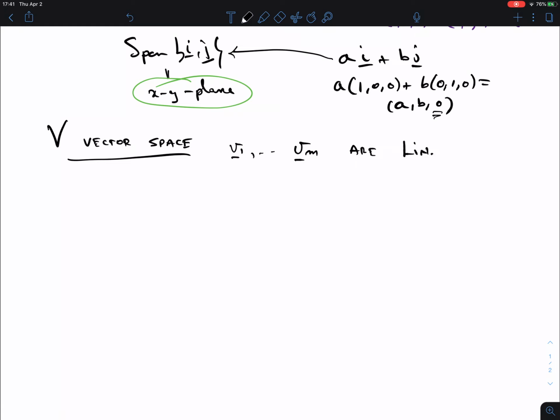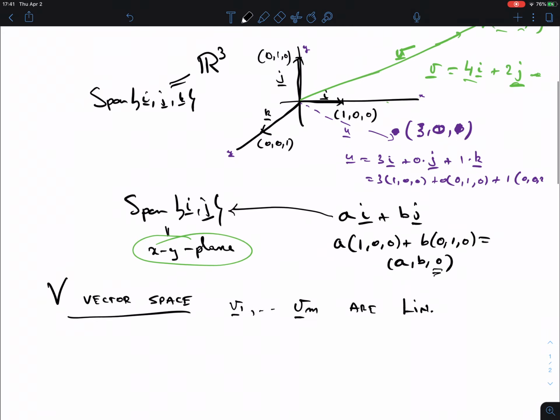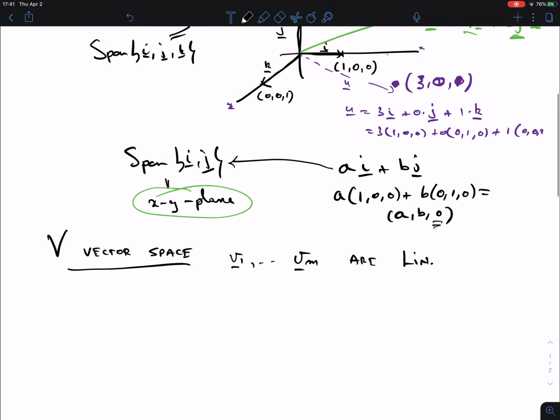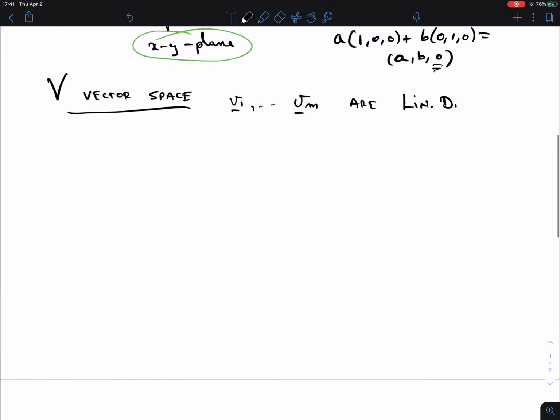The term is linearly independent, but I'm going to first say what it means that they are linearly dependent: if one is a linear combination of the others.